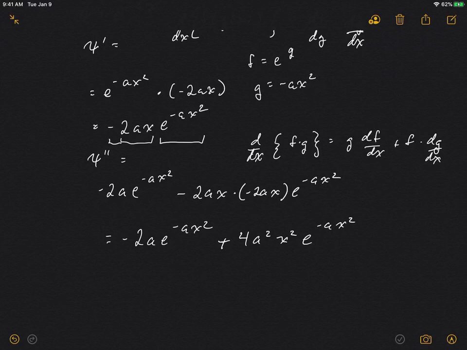Maybe we need a factor of 2 or a factor of a half to get things to cancel out. Then this could be a possible solution to the Schrodinger equation.